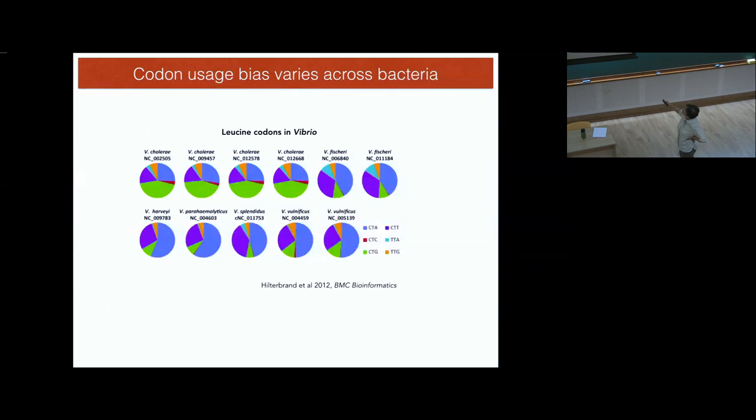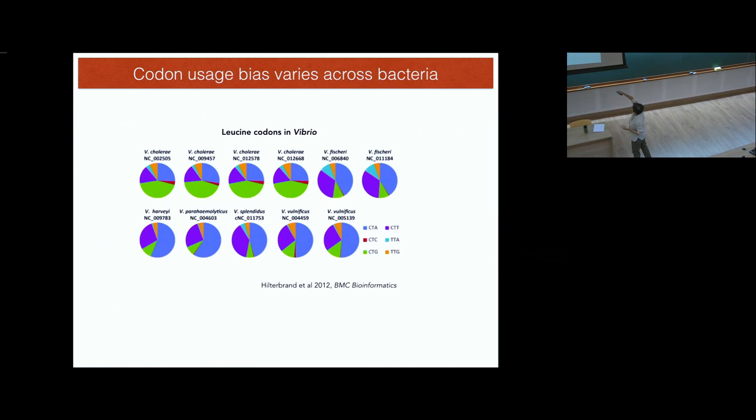But these other guys don't use CTG as much. Instead, they're using CTT a lot more. Yeah. So this is kind of what we mean by codon use bias. And it's a huge bias, you see, right? Like half the times you use leucine, which by the way is very commonly used in amino acids, you're ending up with CTG, and half the times you're ending up with CTT, which is a large difference.